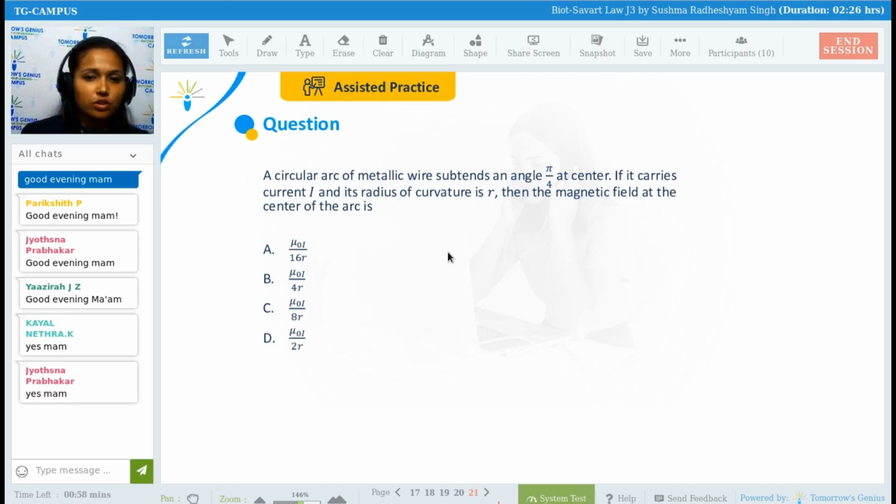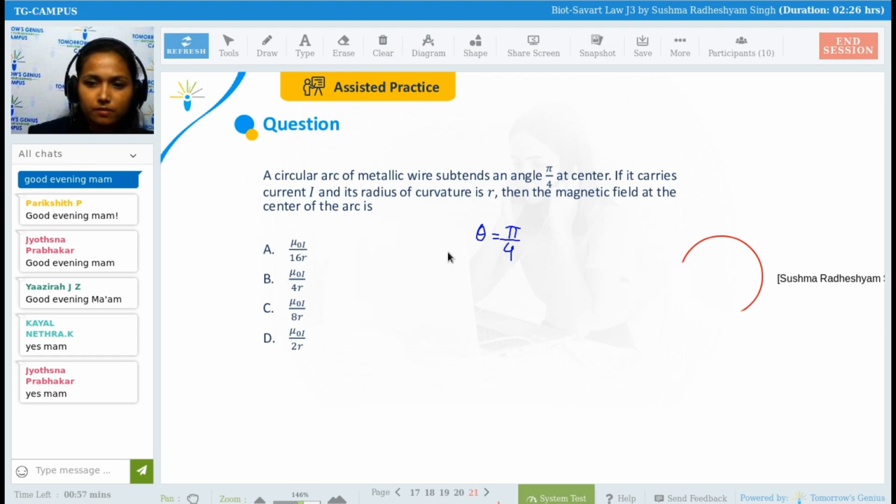Okay, now this is a question. A circular arc of a metallic wire subtends an angle theta equal to pi over 4 at the center. As per your question, this is your circular arc part.